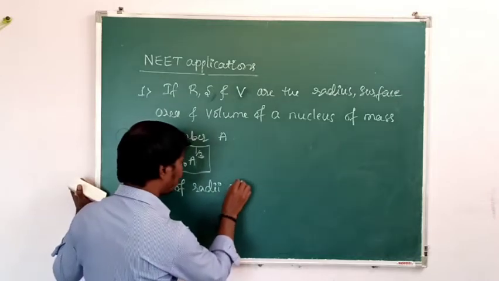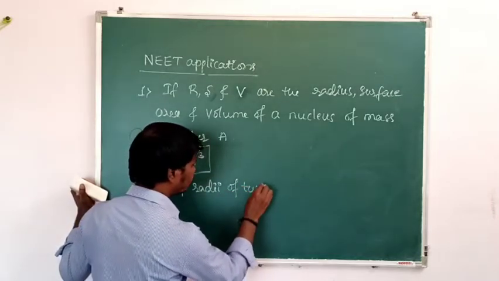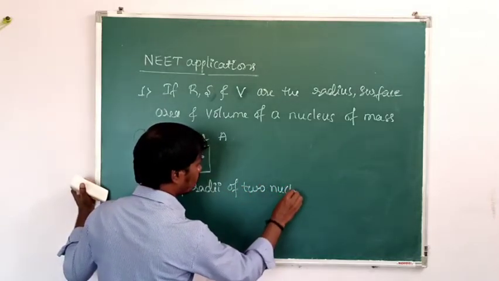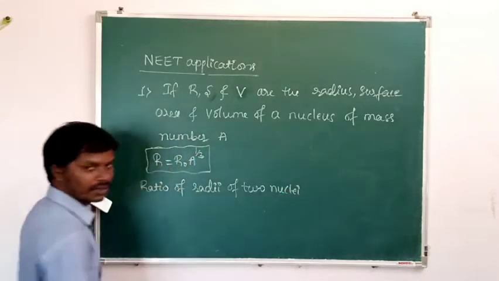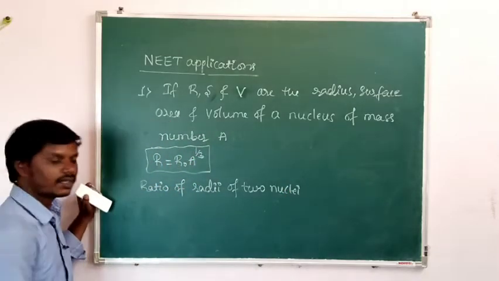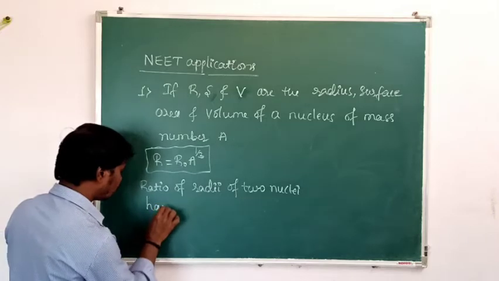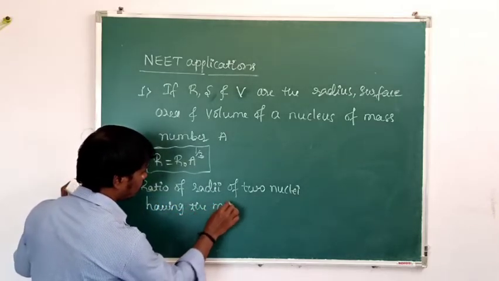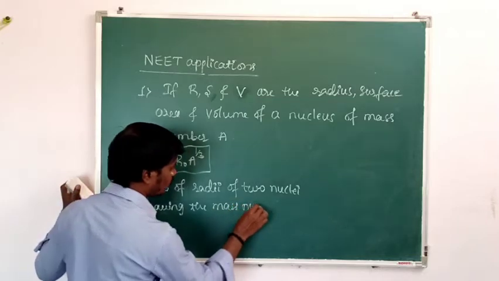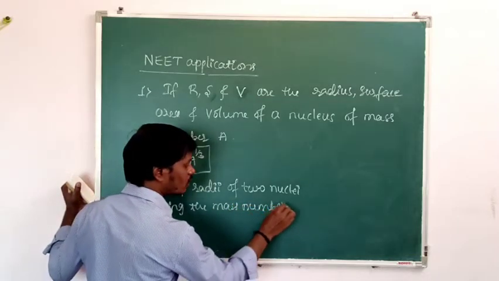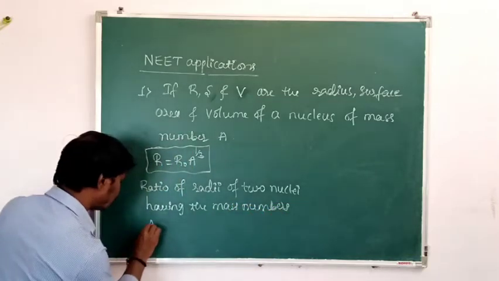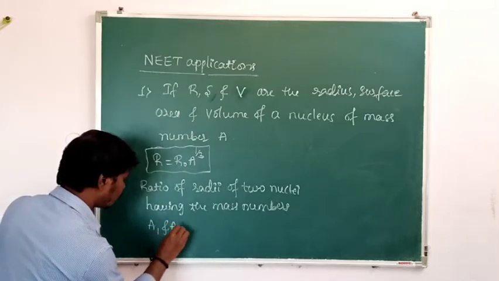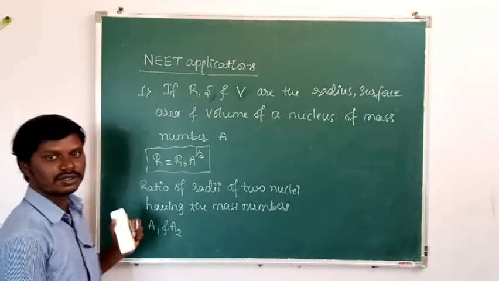Ratio of radii of two nuclei having the mass numbers A1 and A2. Then how to find the ratio of radii here?